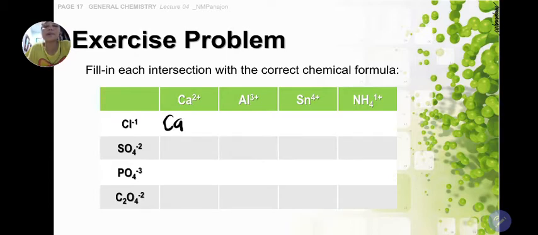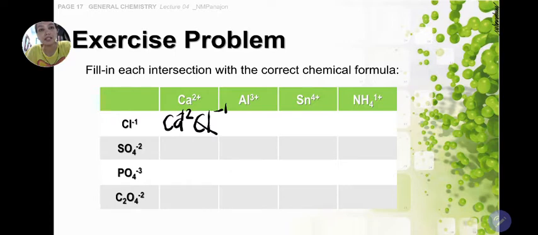And siguro mas maganda isulat nyo muna sa scratch paper. We have positive 2. And then chlorine is negative 1. So, anong gagawin nyo dyan para magawa nyo yung chemical formula ng compound na yan? Diba sabi kanina, i-cross multiply sila yung mga superscripts. Kung ano yung superscript nung cation, yun yung magiging subscript ng anion natin.